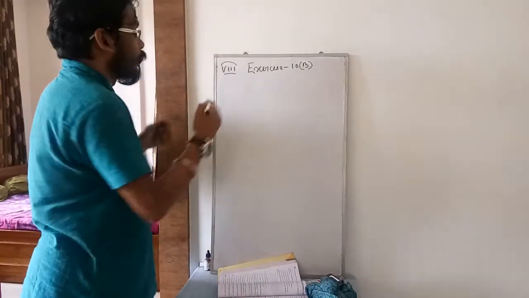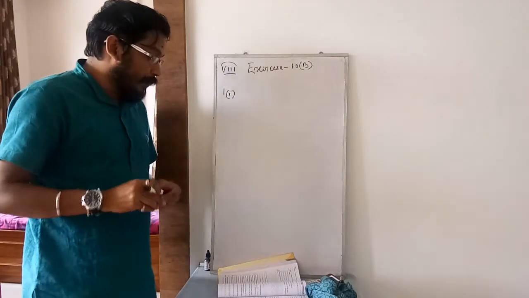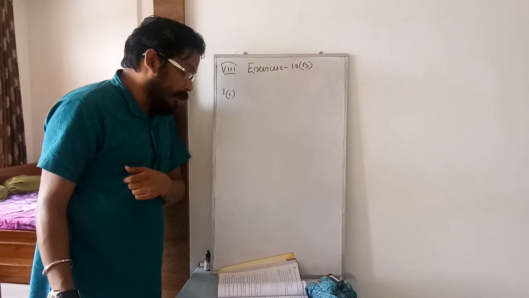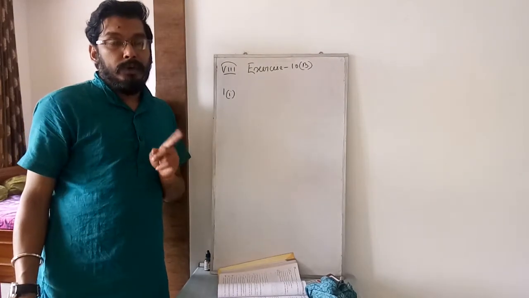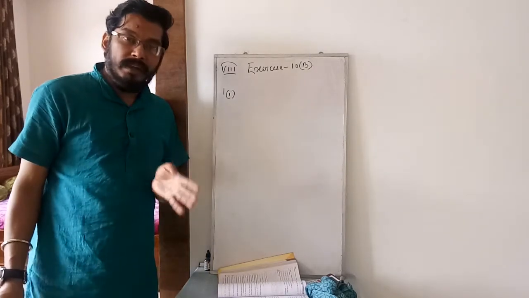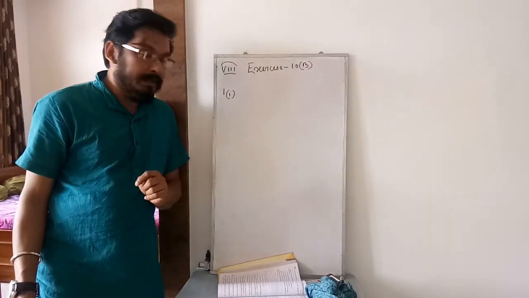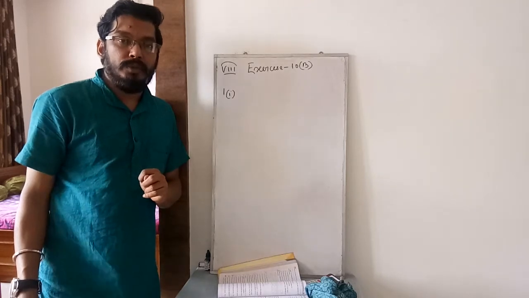First is 1 Roman 1. The volume V of a gas at a fixed temperature varies inversely as the pressure. Here volume and pressure are inversely proportional to each other. They have mentioned it in the question itself.